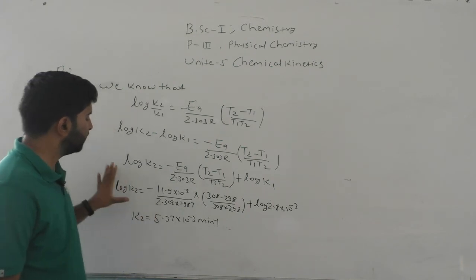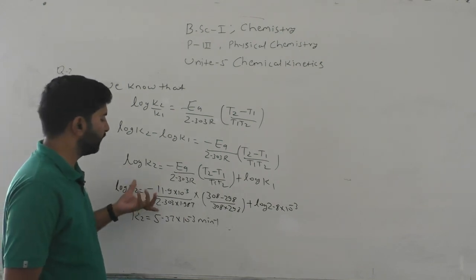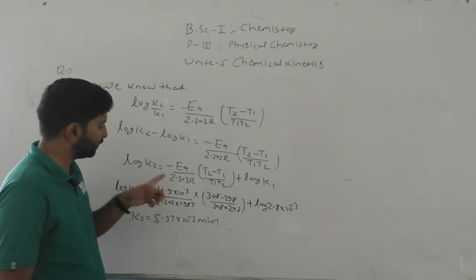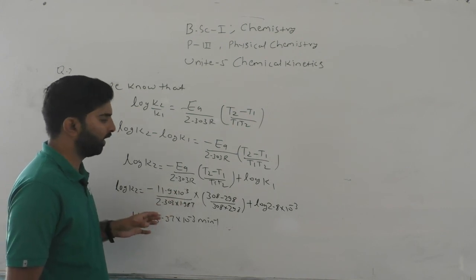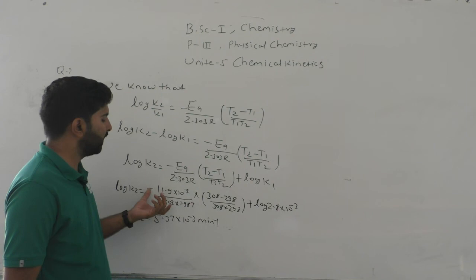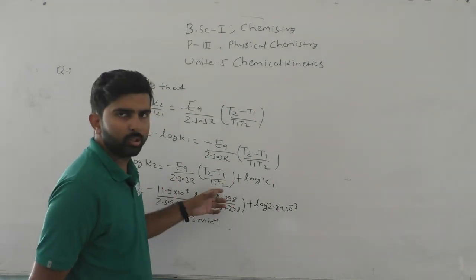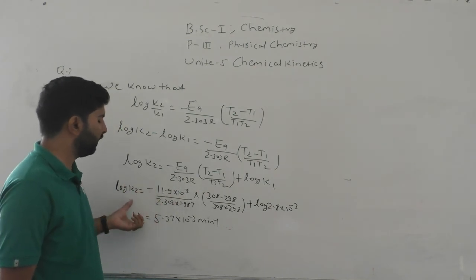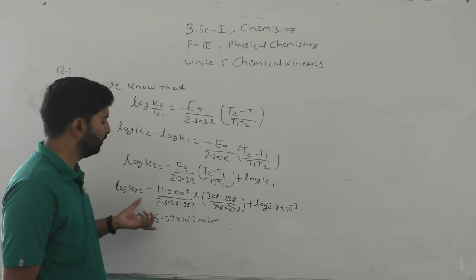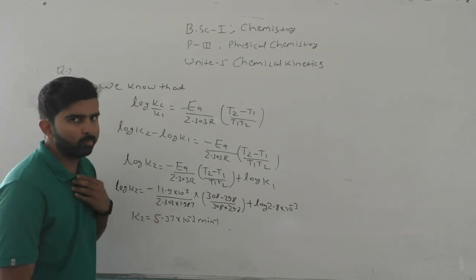First we solve this data with the help of a calculator, then we take the anti-log. So by solving this, the value of K2 comes out equal to 5.37 × 10^-3 minute inverse.